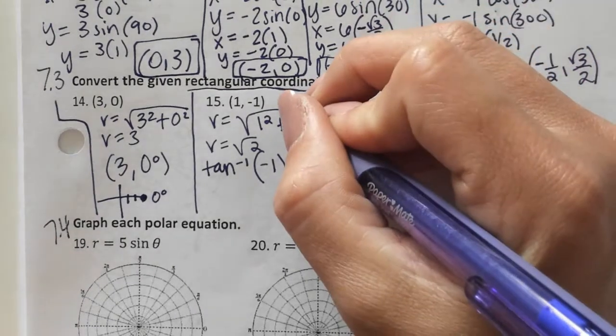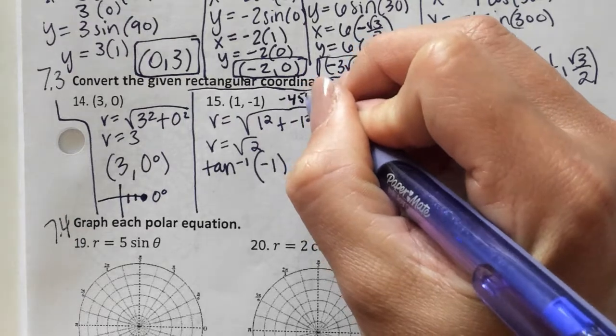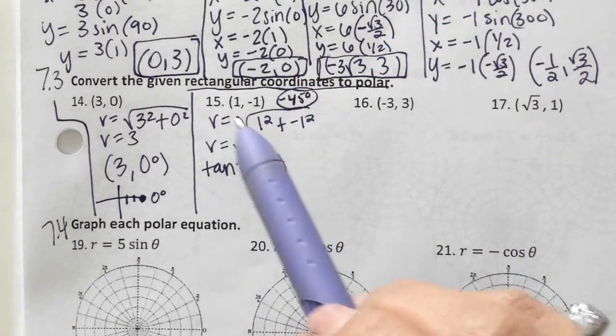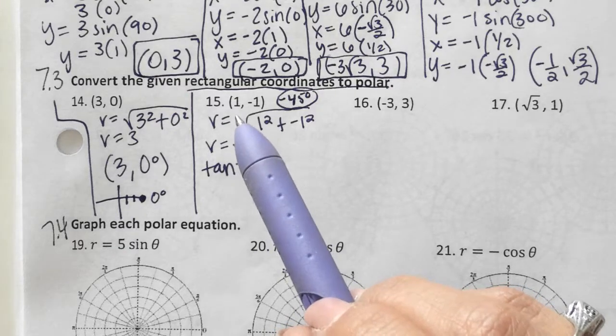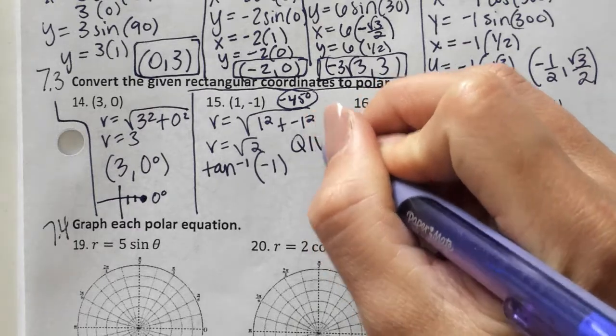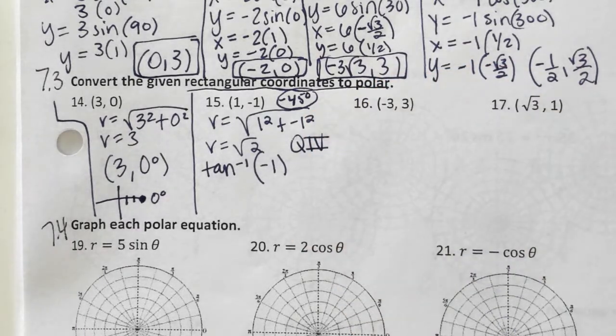Okay. Now that doesn't mean that this is negative 45 degrees. We have to pay attention to what quadrant this is in. And what quadrant is this in? 4. Good. So quad 4. Now, is negative 45 degrees in quad 4? It's the same as 315. Yes.